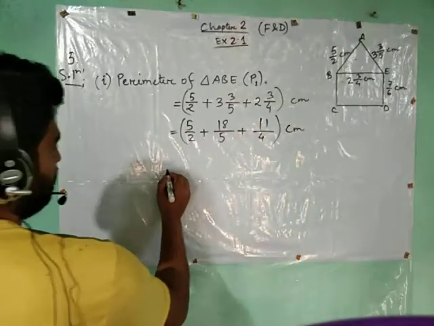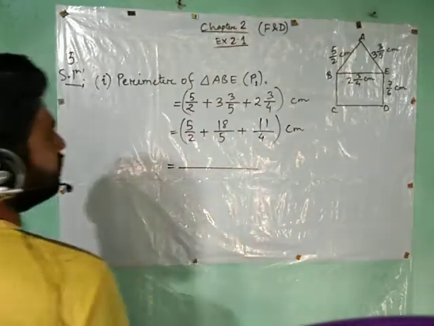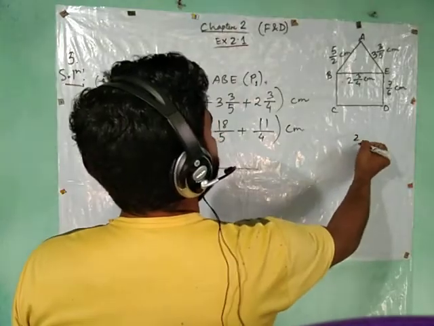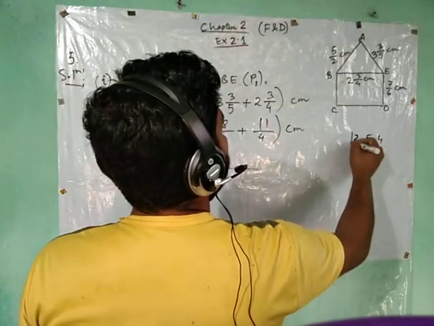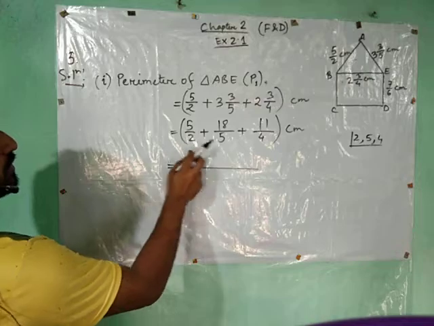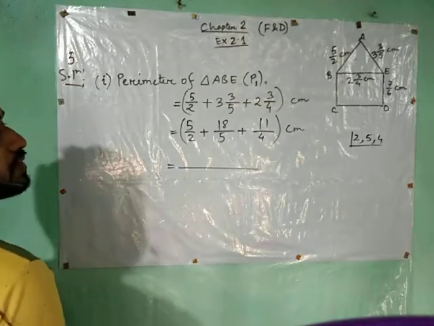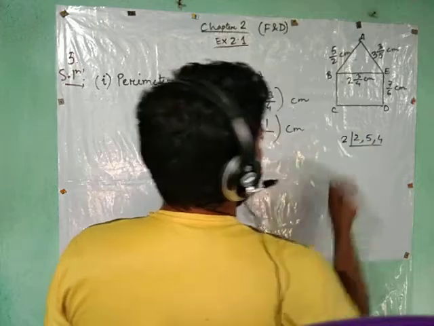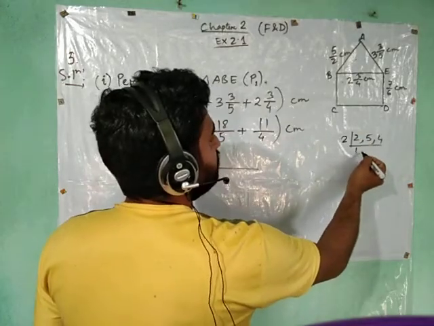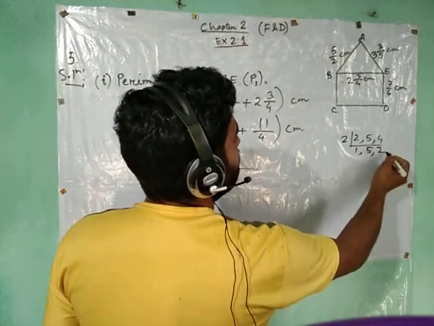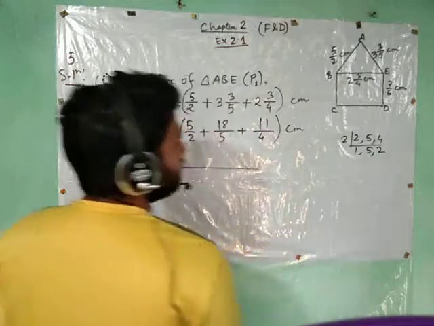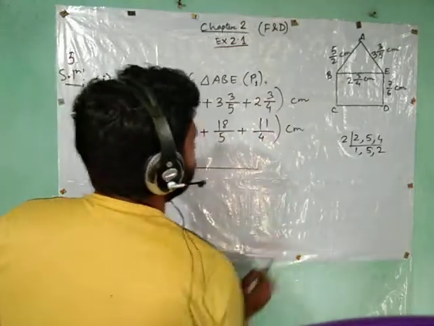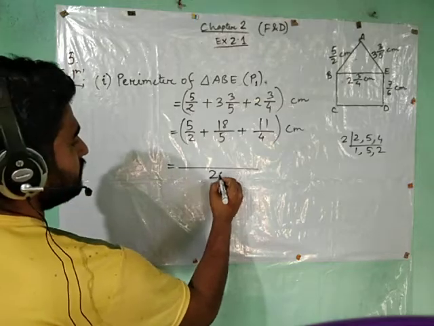Now take LCM of 2, 5, 4. Why? Because all the denominators I have taken into consideration for finding LCM. 2 1s are 2, 5 will come down, 2 2s are 4. Now what will be the LCM? 2 into 5 into 2. So how much? 20. Right?